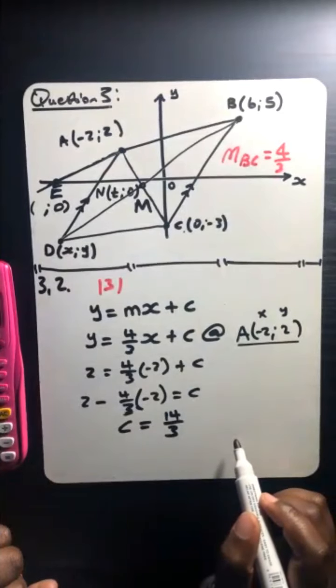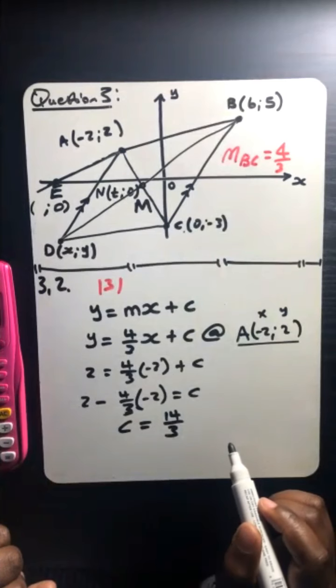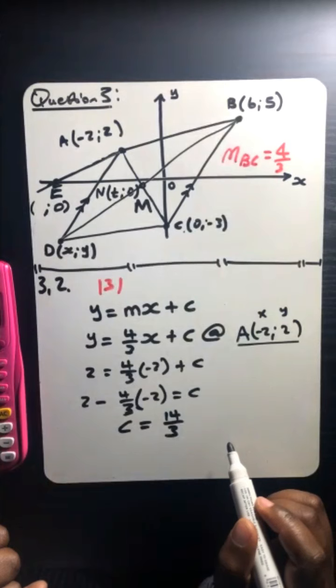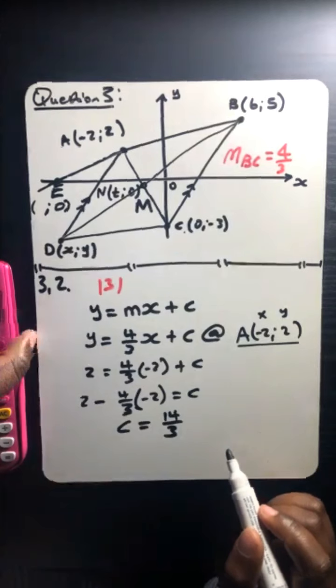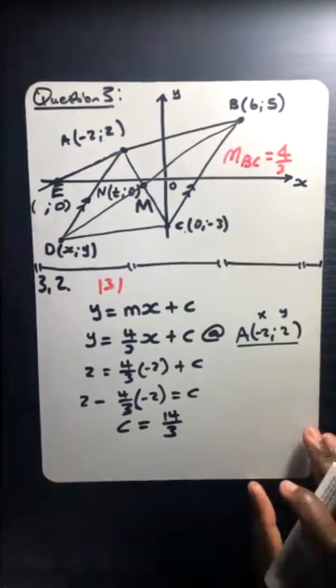Let's see. Is there someone who can explain exactly where we can notice that 14 over 3? Or where is that 14 over 3, guys? For those of you who are at advanced level.